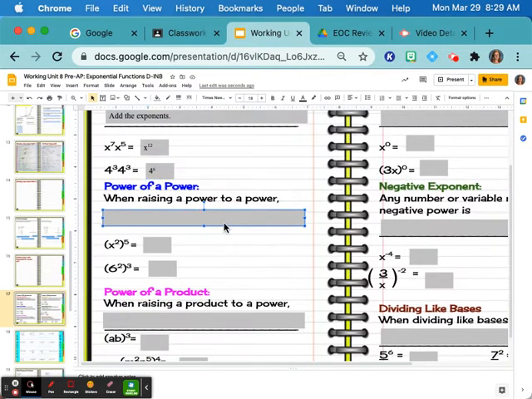When raising a power to a power, what do we do? Multiply exponents.